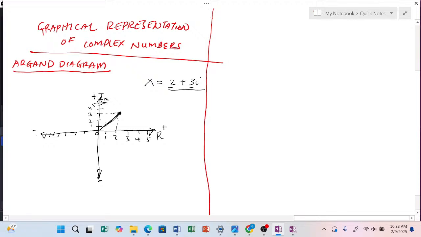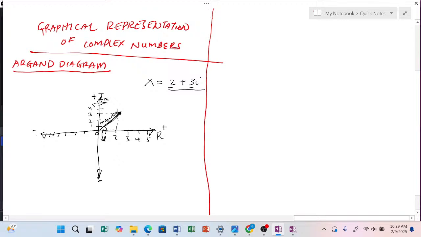The distance from the origin to the point is what we call the magnitude. Then there's an angle that is made with the real axis, the axis that the real numbers are on.